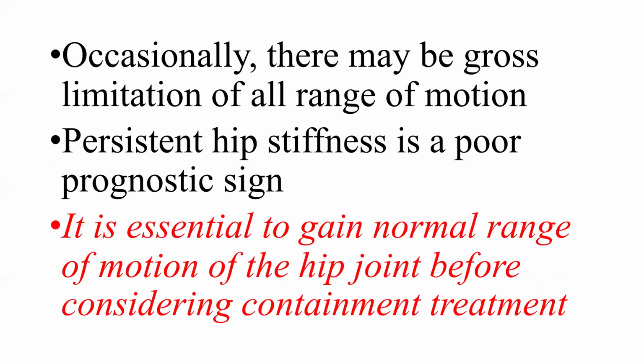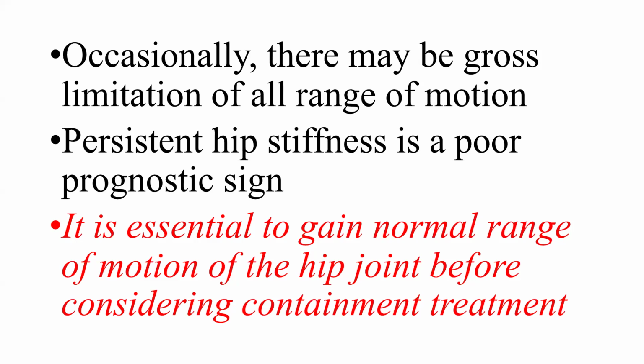It is essential to gain normal range of motion of the hip joint before considering containment treatment. In the past, what did we used to use? We used to use the P3 cast a lot, but we used to bring the patients, examine them. If they had stiffness of the hip, we would put them in traction for 1 week at home, and they would come back, and we would examine the hips.